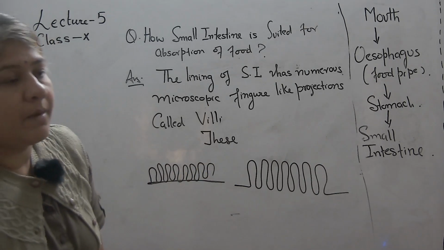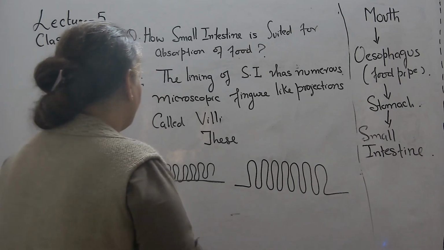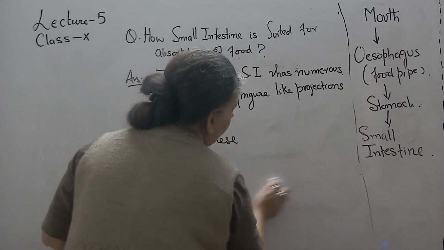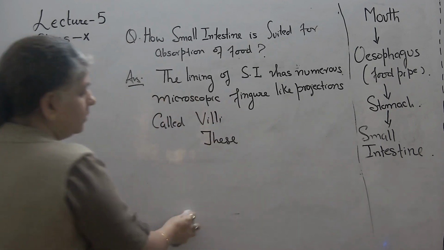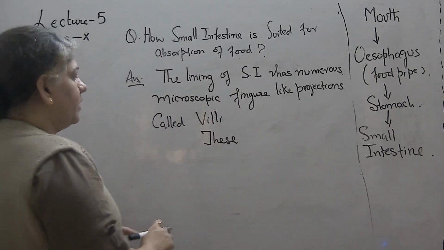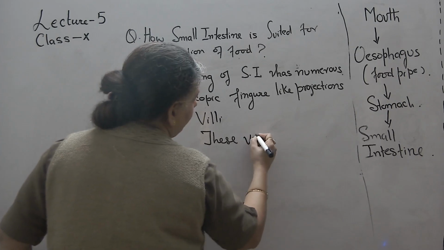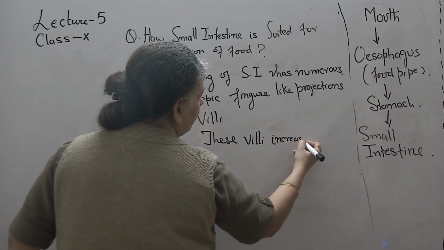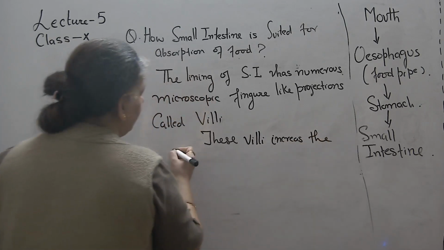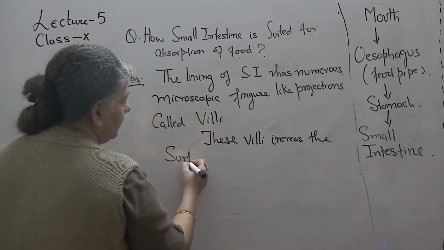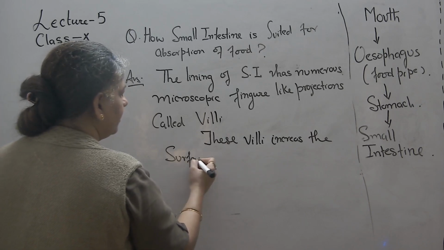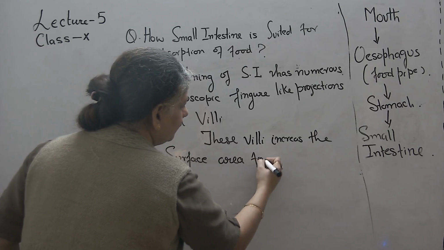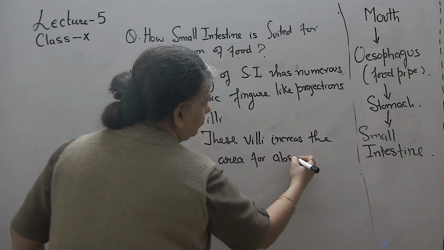So this is what happens in the small intestine. The more the surface area, the more will be the absorption. So these villi increase the surface area for absorption.